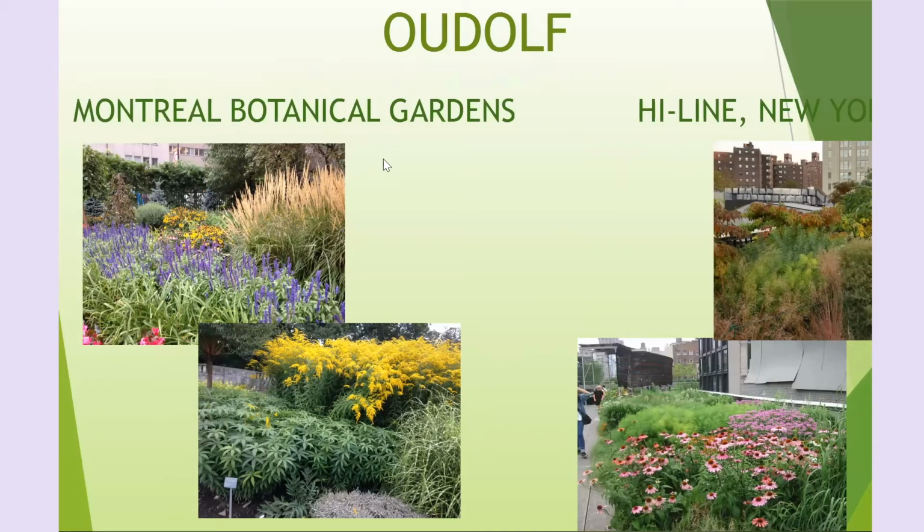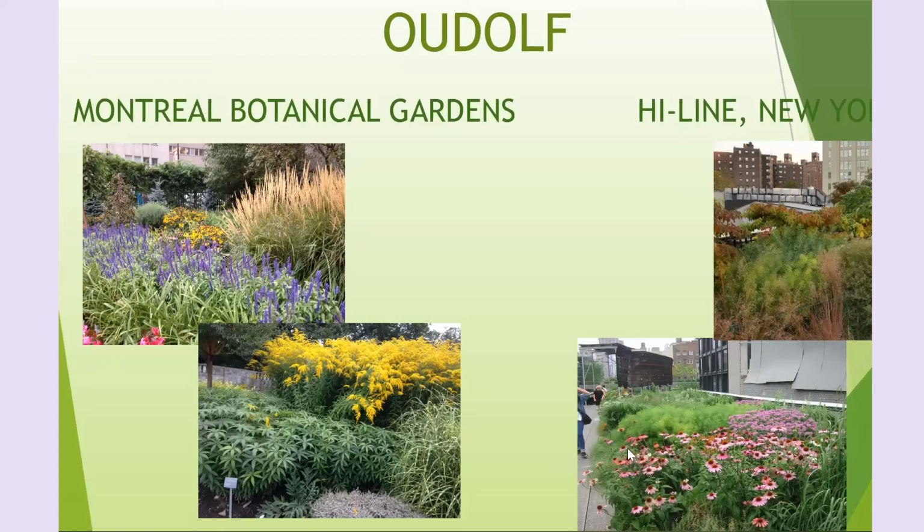In the Montreal Botanical Gardens and in the High Line, you see the plants that we know from our plains. The grasses, the rudbeckias, the solidagos, the zebra grasses, as well as very exotic color plants, pink coneflowers, and monardas.